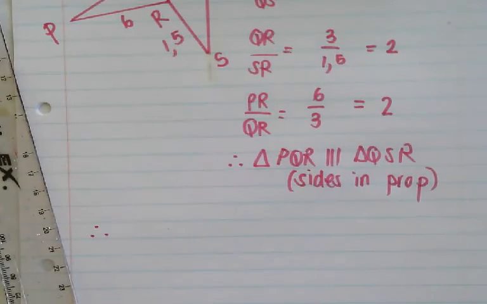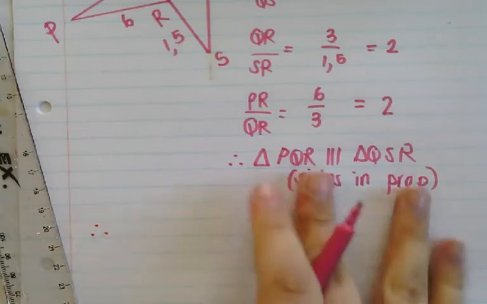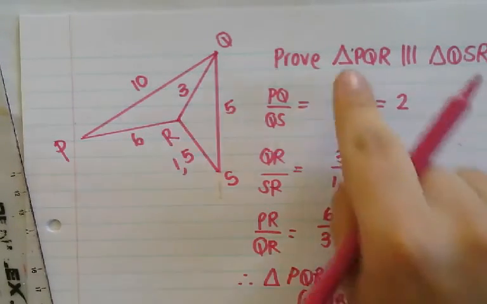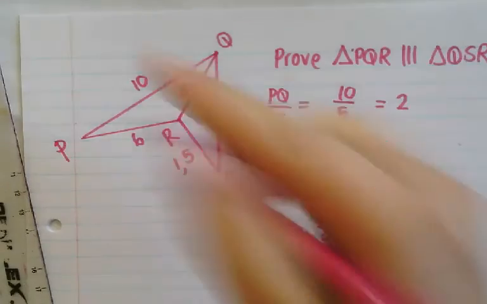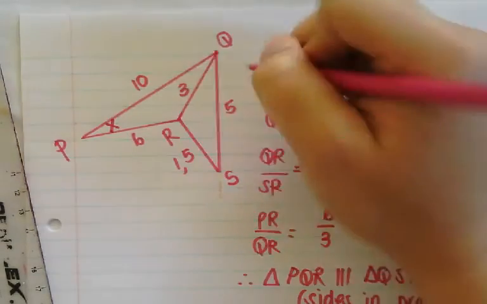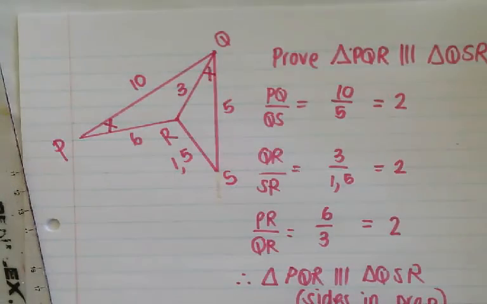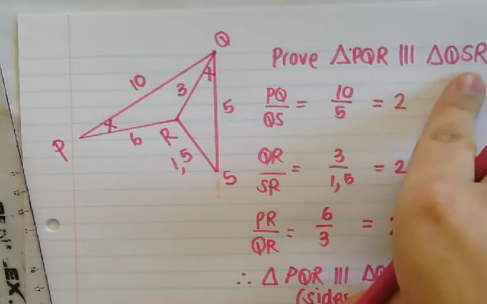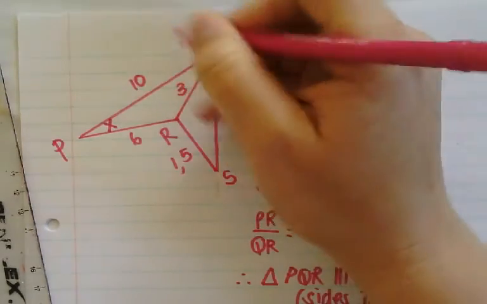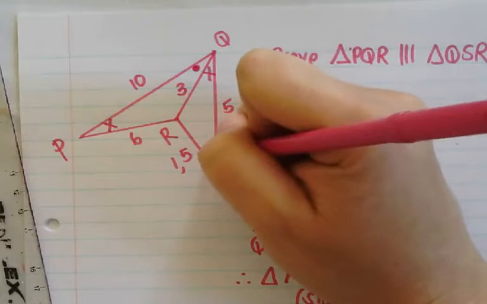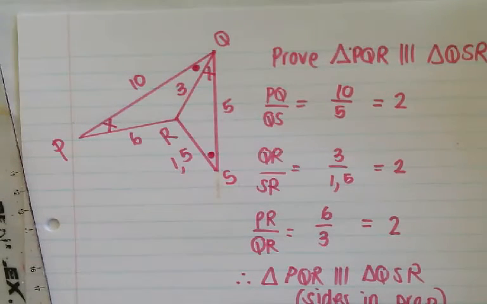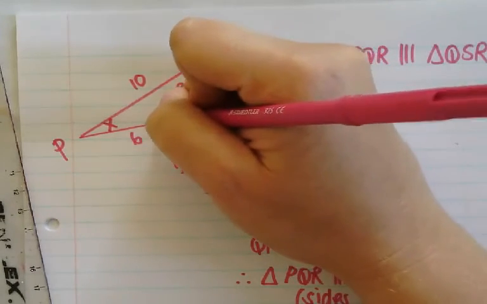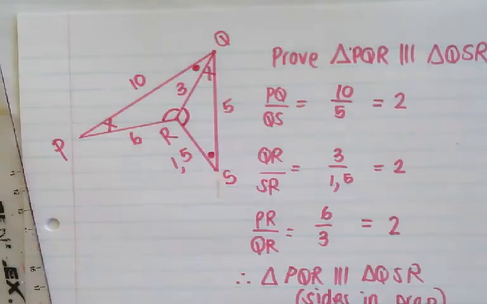So just to list them, on my picture I know that P corresponds to Q in the second triangle. So those two angles would be equal. Q in my first triangle corresponds to S in my second triangle. So those two would be equal. And R corresponds to R in both of them. So that would be equal.